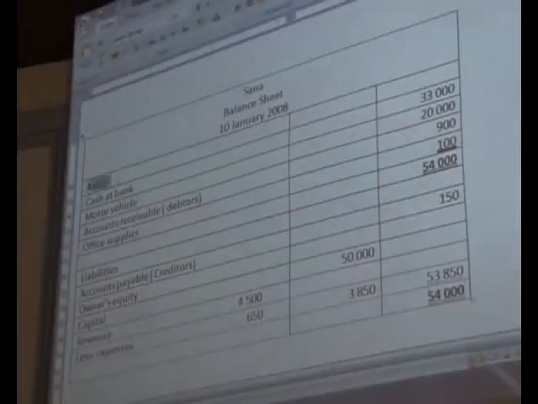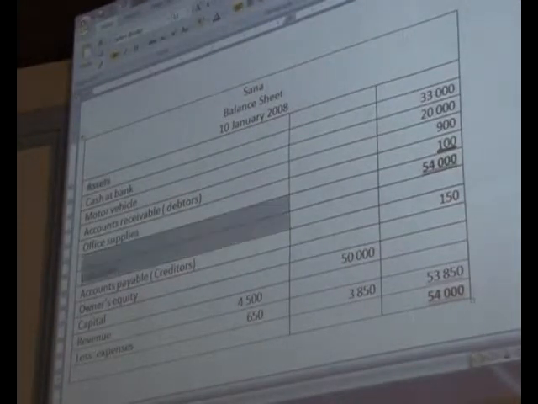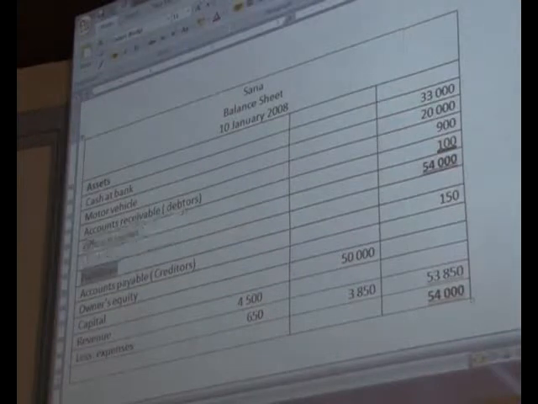Let me work out the balance sheet. So this is my balance sheet. So then you may ask another question. The format that I used for the earlier balance sheet and this one are different. Right? So these are two alternative formats. Either you can use the one I have shown you earlier or this format.